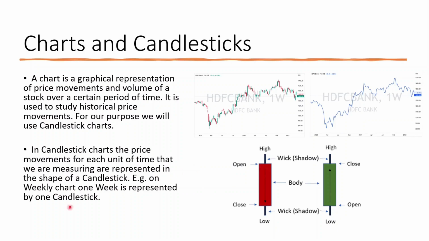basically price moves. So we can say that on Monday morning, price opened here, it moved up, and then it moved down during the week. Then on Friday, it closed somewhere here.